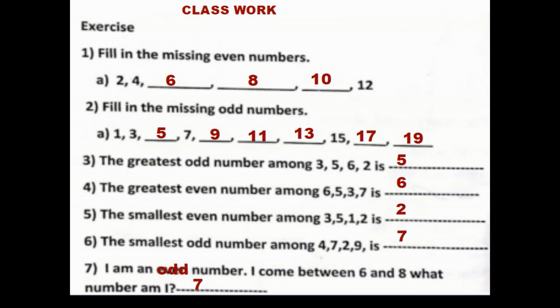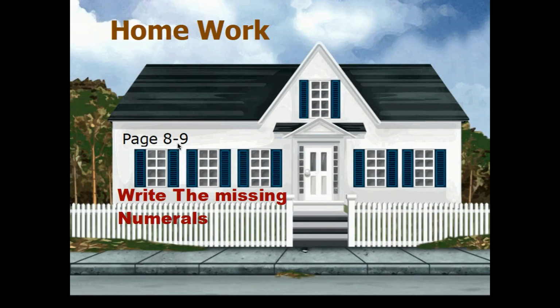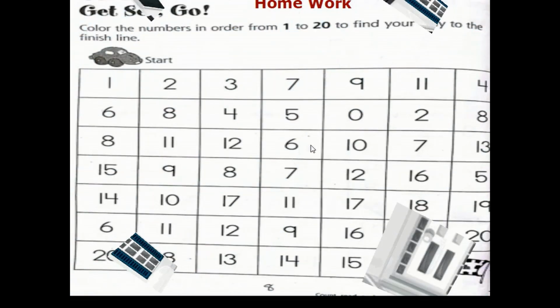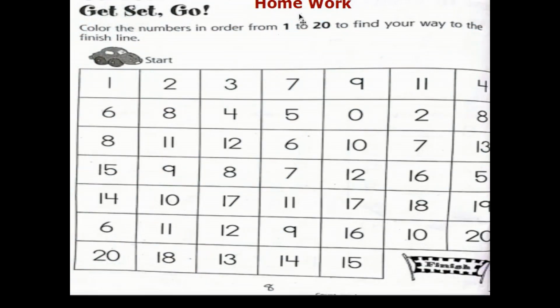Now finally, before we finish today's class, I will give you one additional homework to be done at home. Go to pages 8 and 9 and do it at home.